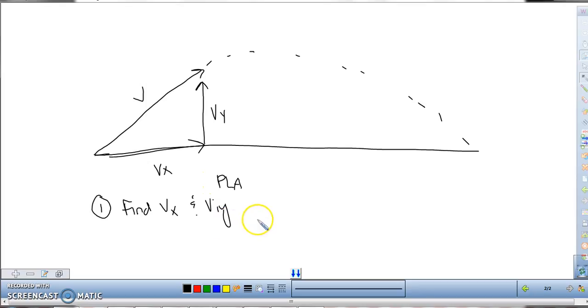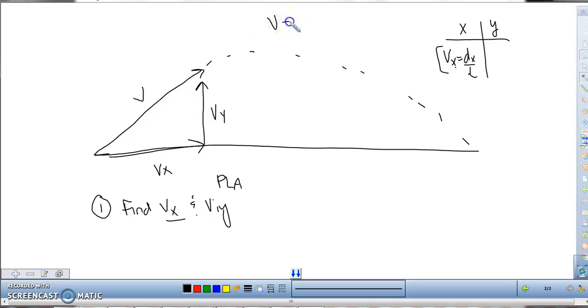The reason we have to do this is what I was describing earlier: remember our equations use these values, Vx and Vy. That's why we're doing this. The problem is if you use the total velocity, it doesn't model the x motion. It models both x and y.